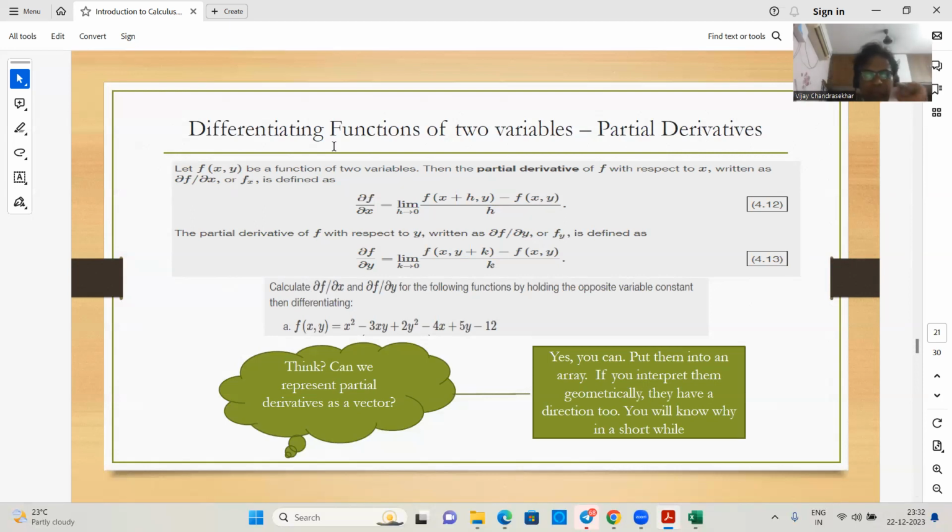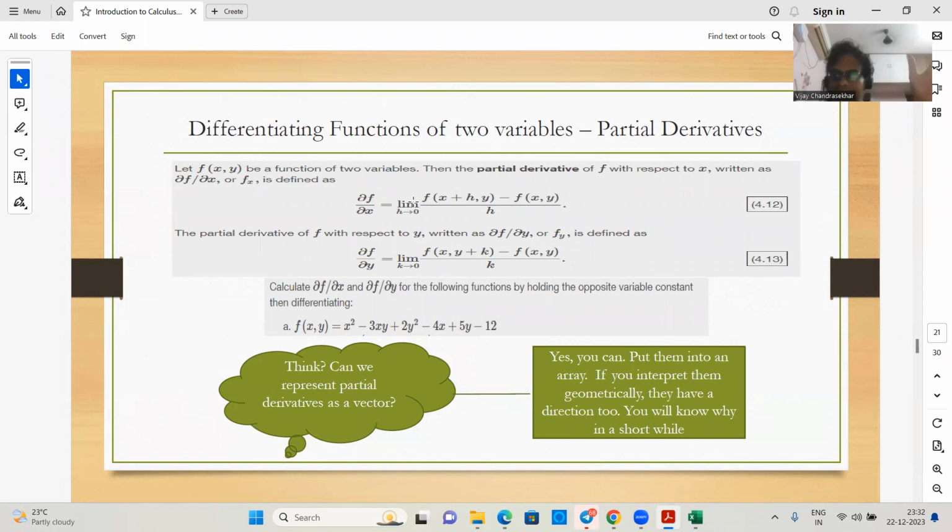Let me explain that. But before that, I'll briefly read this sentence for you. Let f of x,y be a function of two variables. We understand that x and y are the independent variables. Then we can say that the partial derivative of f with respect to x, written as dou f by dou x, or f subscript x, is defined as, what do we do here?